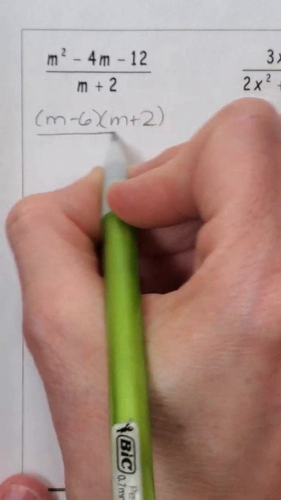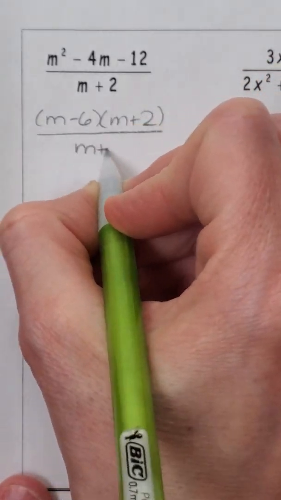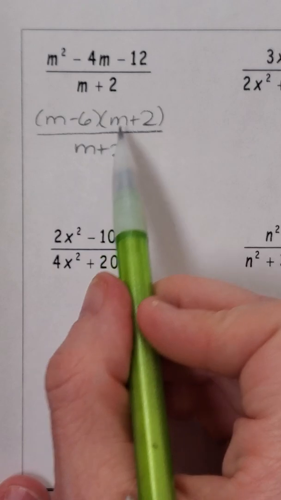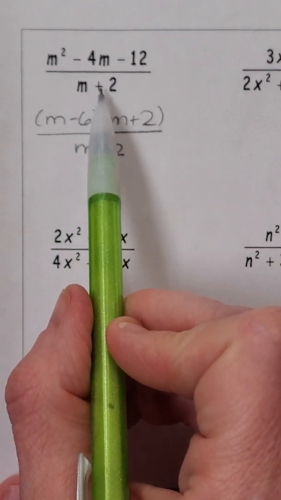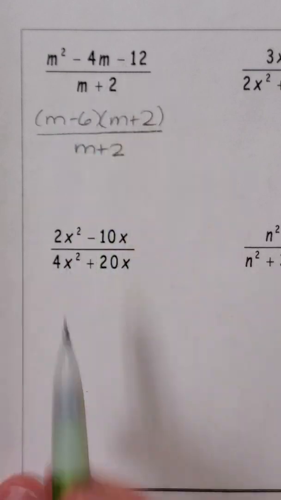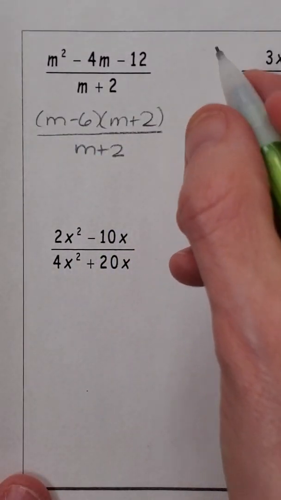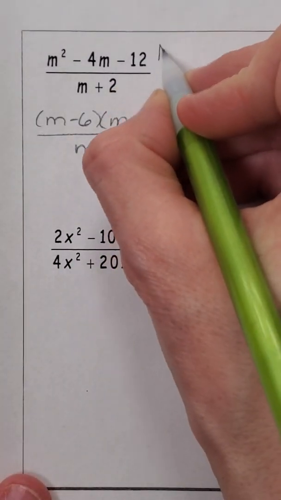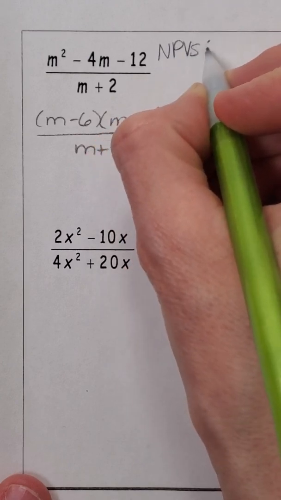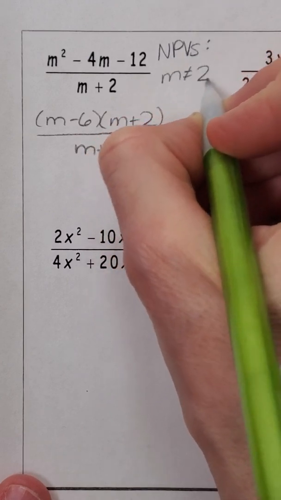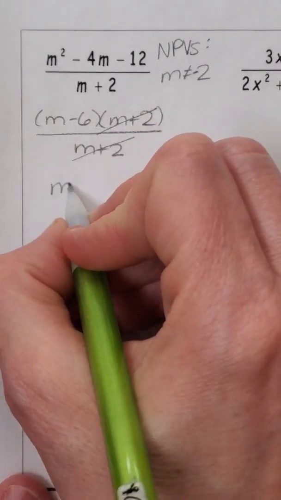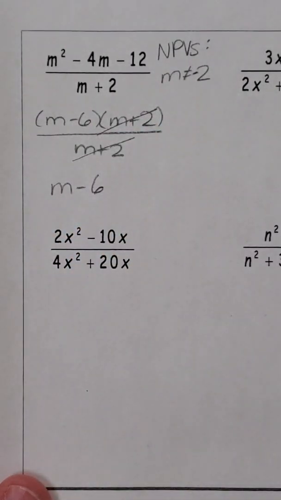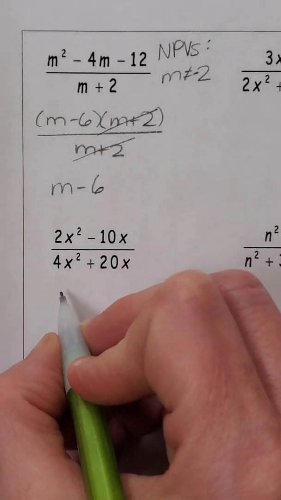And the nice thing about this is that chances are, to help you with your factoring, you're going to end up doing some simplifying, so your odds are fairly likely that this expression will be there. NPVs, just 1. m is not equal to -2. And then what are we left with? m minus 6. And I think I'll just move down so that I don't have to slide the paper over.